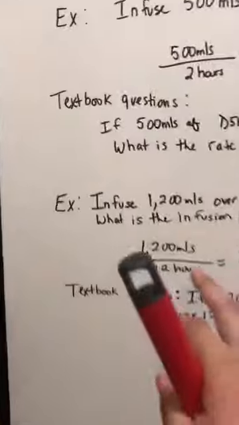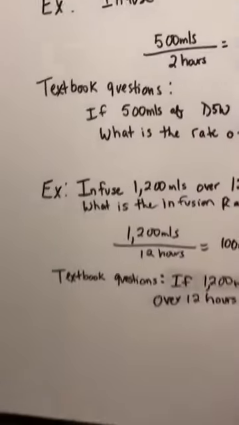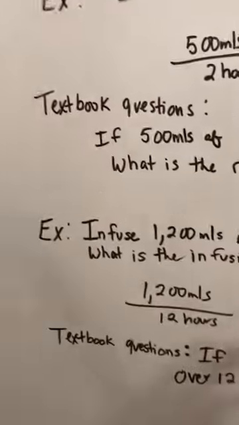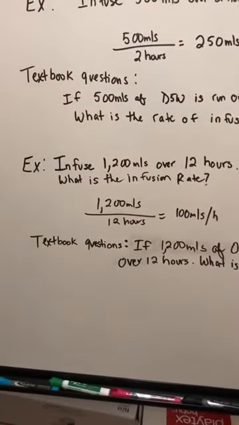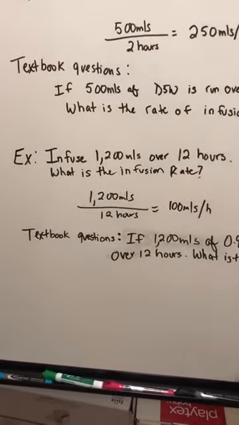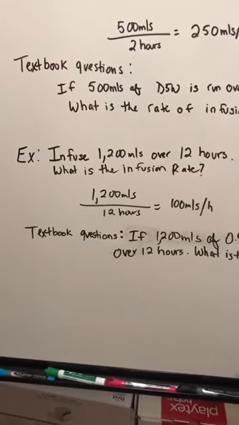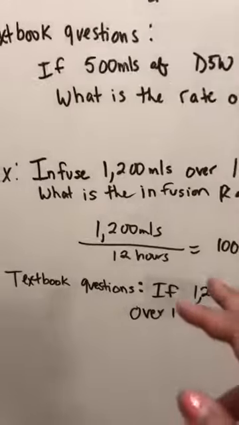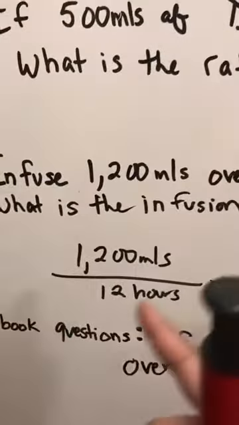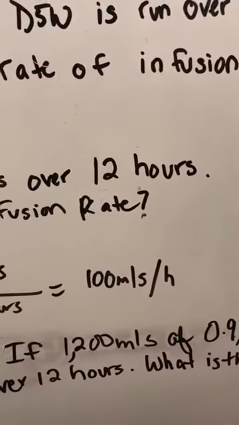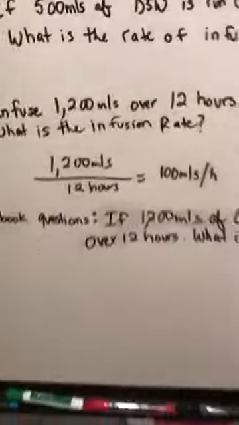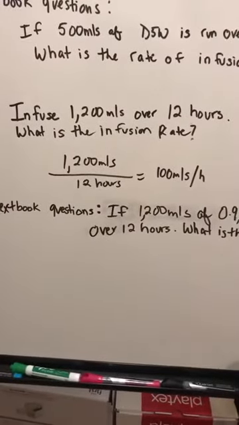In layman's terms, I just rewrote the question: the question is asking you to infuse 1200 mLs over 12 hours. What is the infusion rate? Again, plug in your numbers based on this formula. 1200 mLs divided by 12 hours equals 100 mLs per hour. So your final answer for this question is 100 mLs per hour.